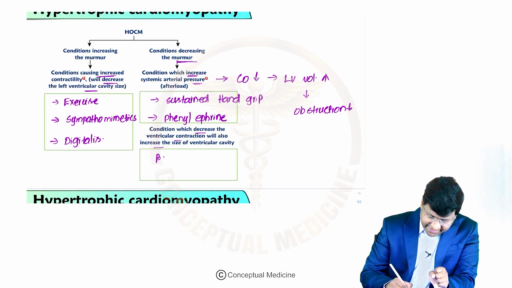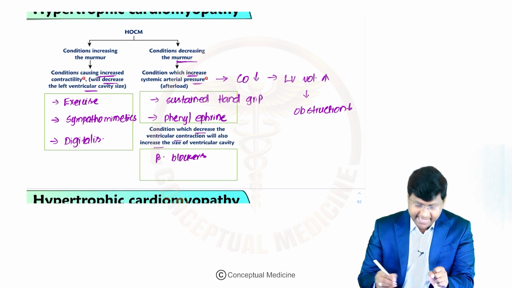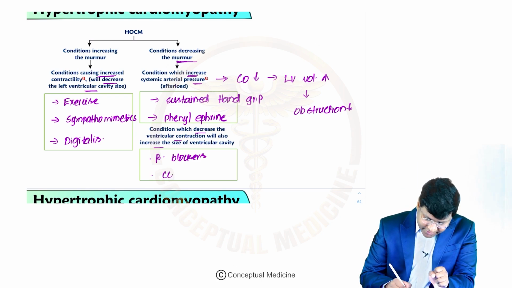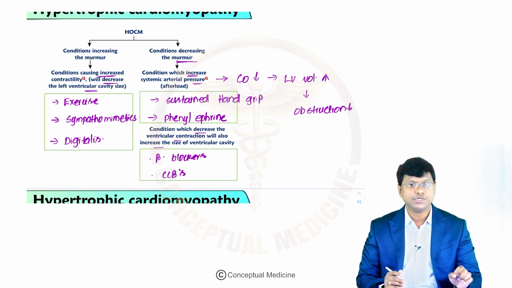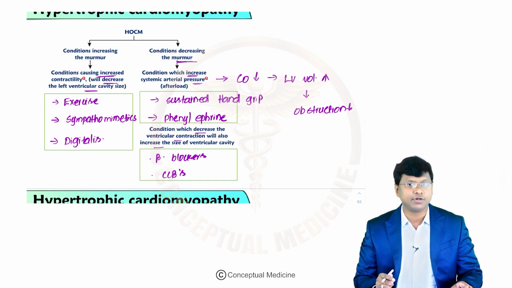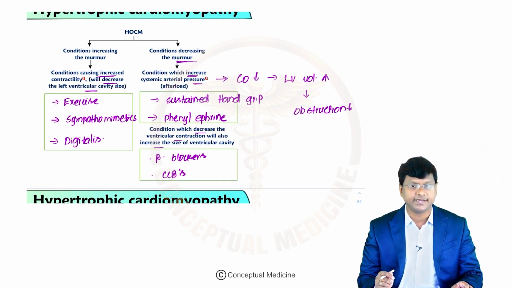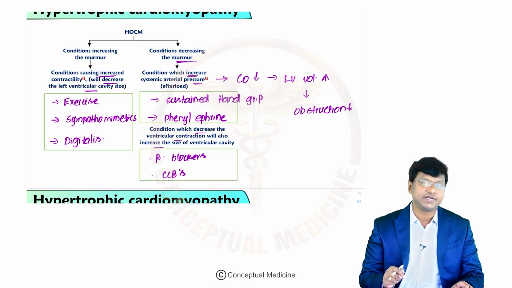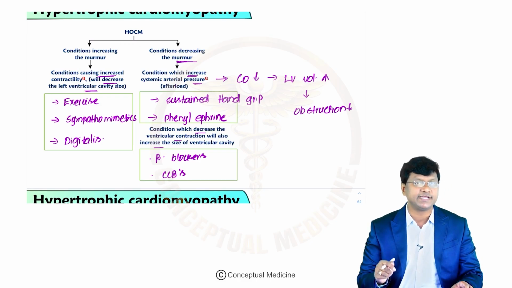That includes the beta blockers. And the next important group of drugs are the calcium channel blockers. So these beta blockers and calcium channel blockers will decrease the LV contractility. So once the LV contractility is decreased, the obstruction decreases and the intensity of the murmur also decreases.